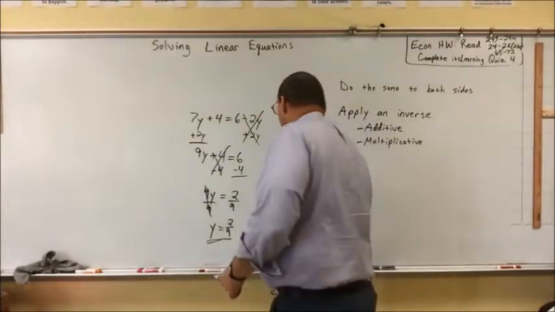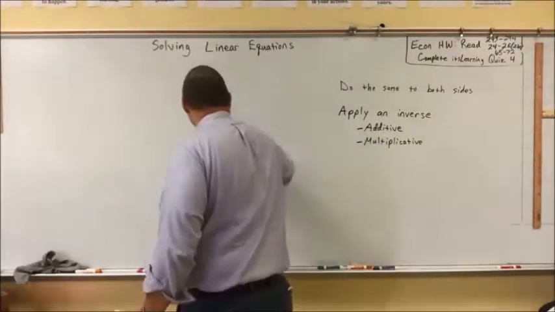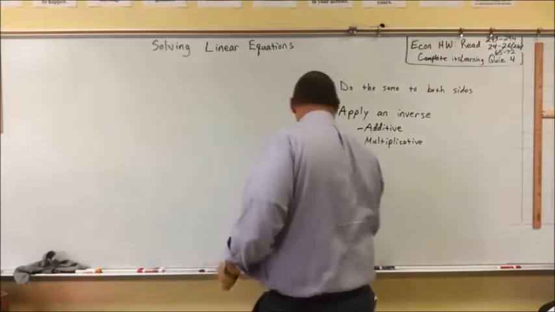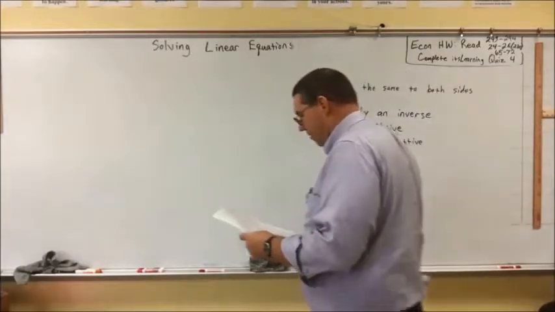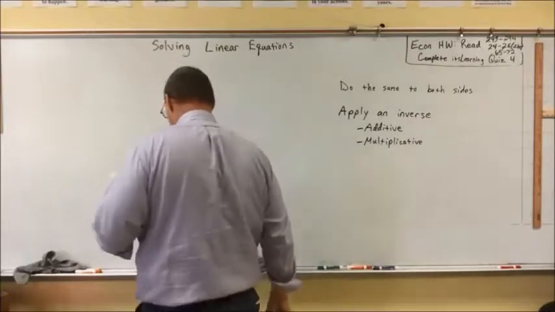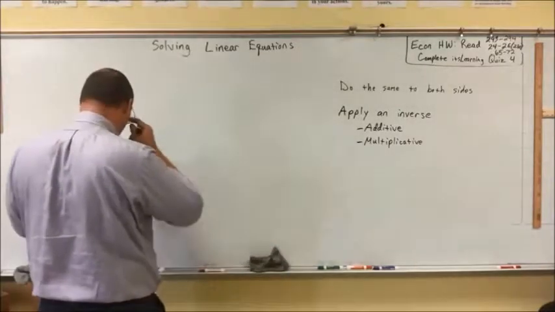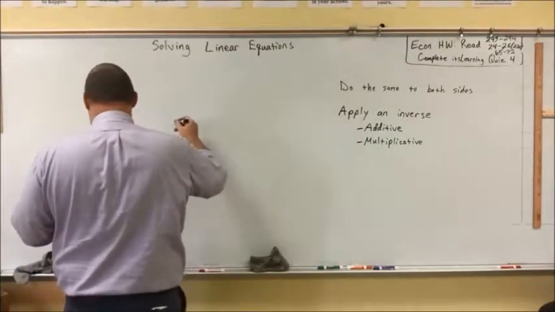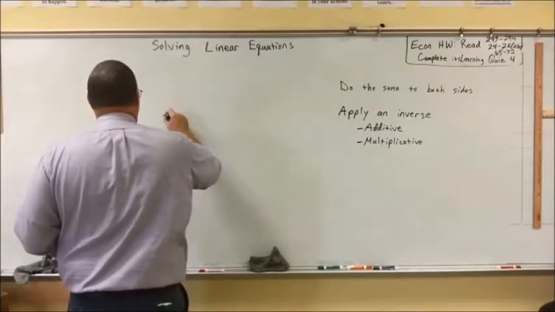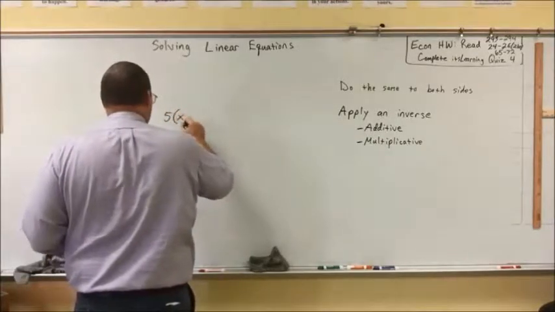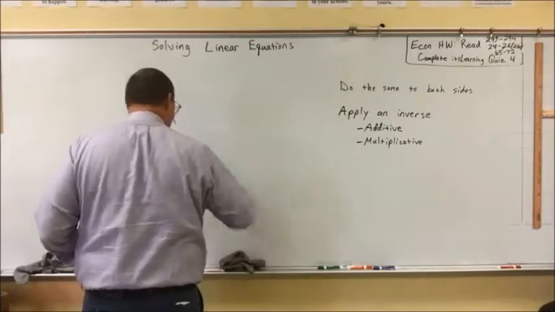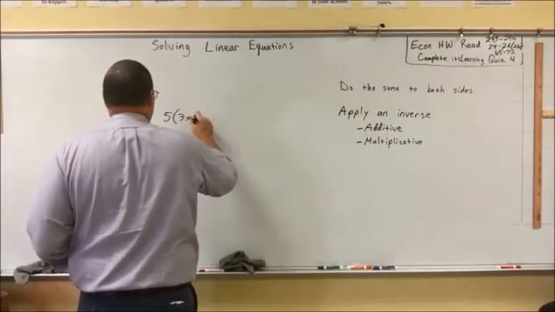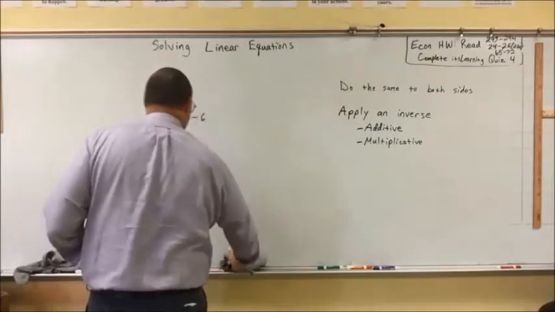Okay? What I'm going to do now is I'm going to introduce grouping symbols. And I'm sure you probably have some sort of massive hatred for grouping symbols, but here's what I want to show you. Let's say that we have 5 times x, well, let's make it a little more complicated. Let's do 5 times 3x minus 6, let's make it a 7.